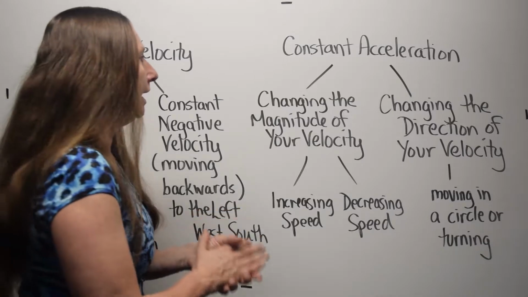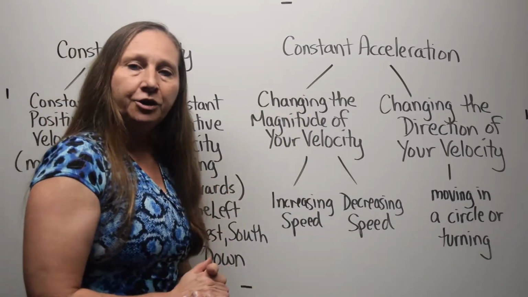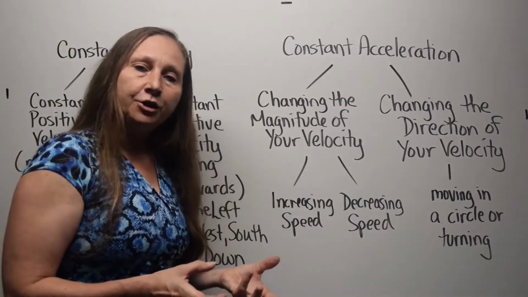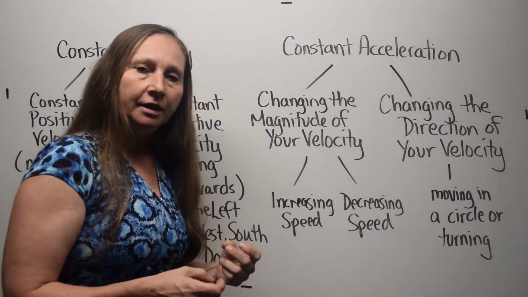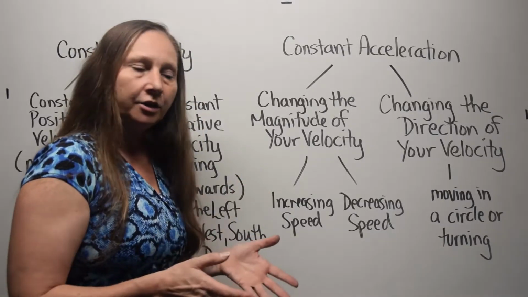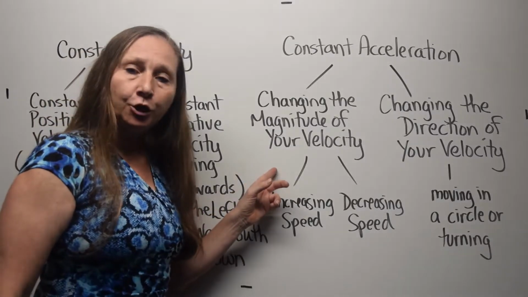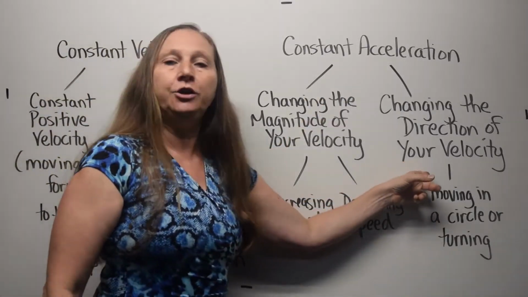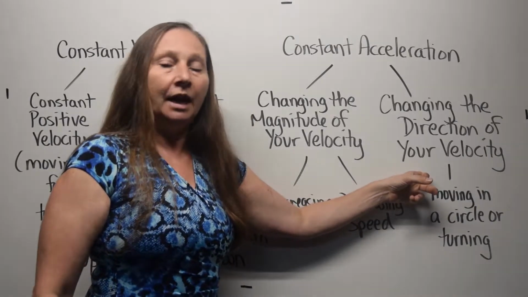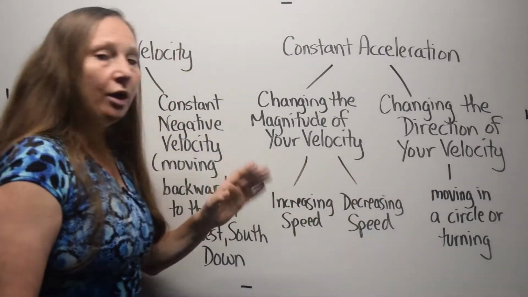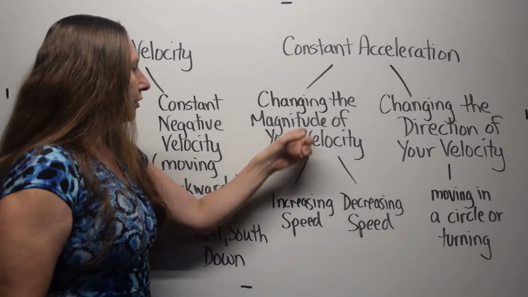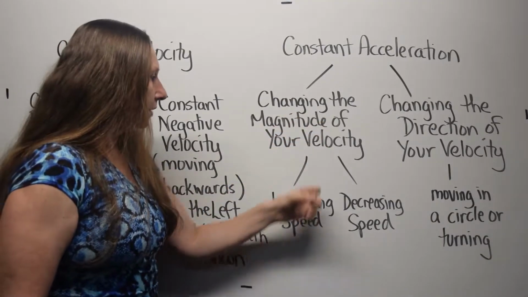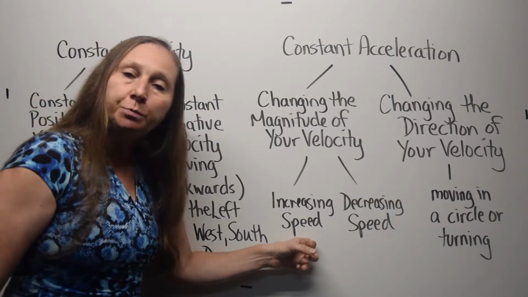Now, constant acceleration. Since acceleration means a change in velocity, and velocity is a vector, you can either change the magnitude of your velocity and you are accelerating, or you can change the direction of your velocity and you are accelerating. We will look at graphs where your speed is increasing, therefore you are accelerating, and graphs where your speed is decreasing.